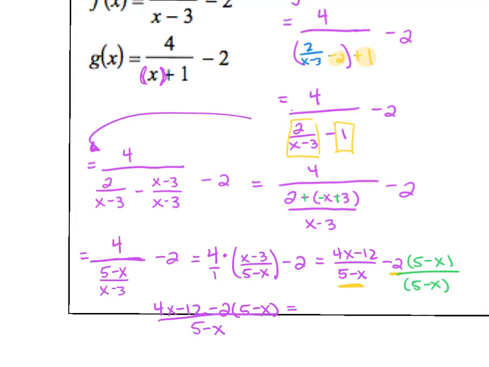Well, let's see. That gives me 4x minus 12 minus 10 plus 2x, all over 5 minus x, which gives me 6x minus 22 over 5 minus x.